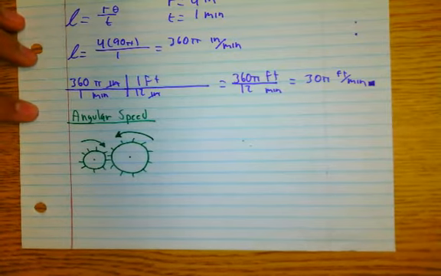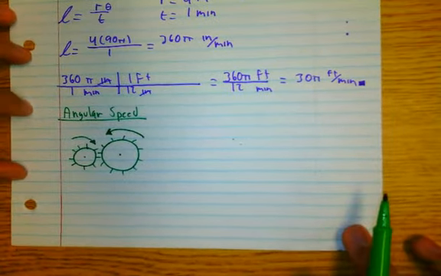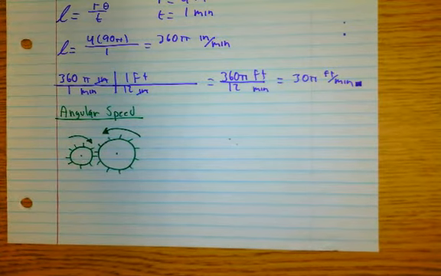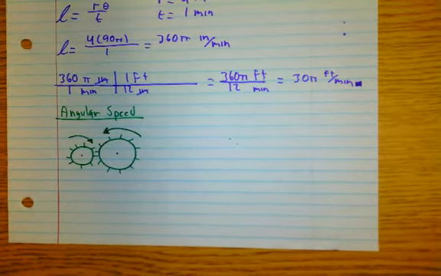So we have one smaller gear and one larger gear. My question to you is, we just learned about linear speeds. What could you tell me about their linear speeds? So you're telling me that the linear speeds are going to be the same.